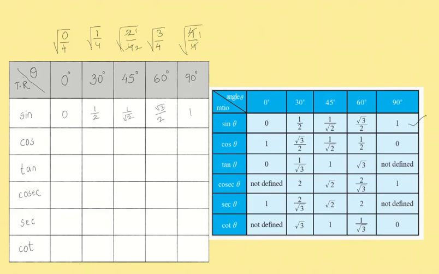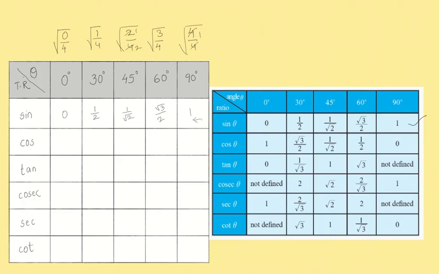Now let's find how we find cos values. Cos values are nothing but the reverse of sine. So we just have to find the reverse in the opposite direction. So what will be cos 0? Cos 0 will be 1.